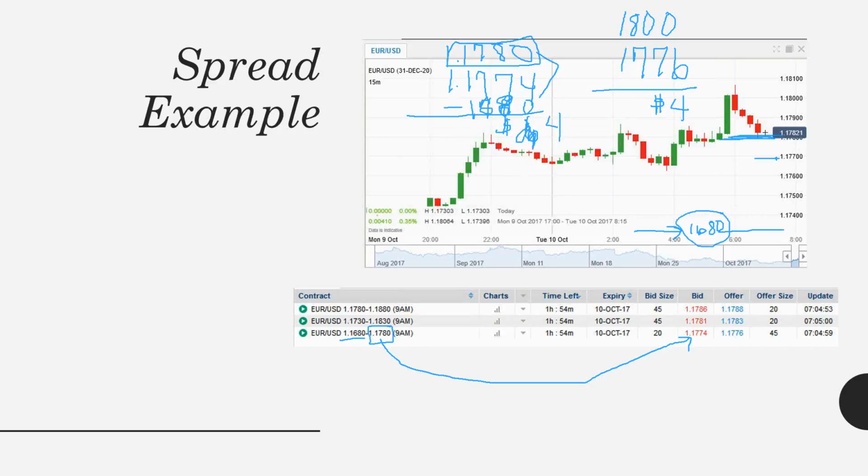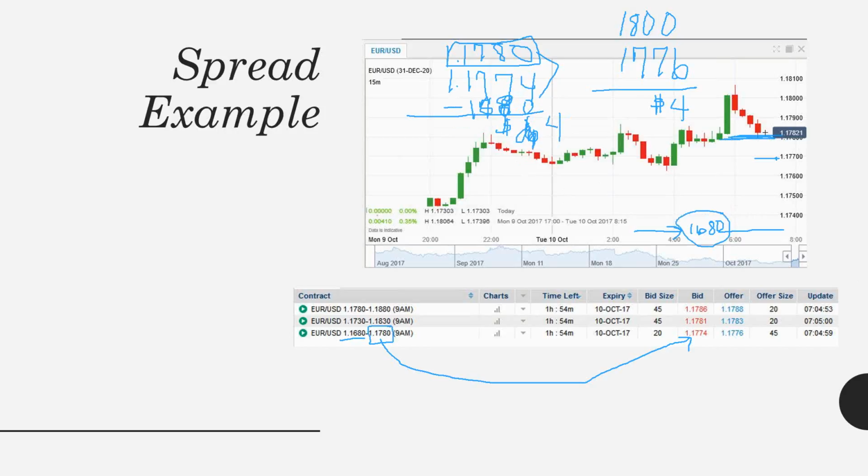And this is the difference between the binaries and the spreads. The binaries are fixed. You're either going to make the maximum payout at expiration, and this is presuming that you do not exit early, or you're going to lose what you paid on entry. But on the spreads, it's not like that.